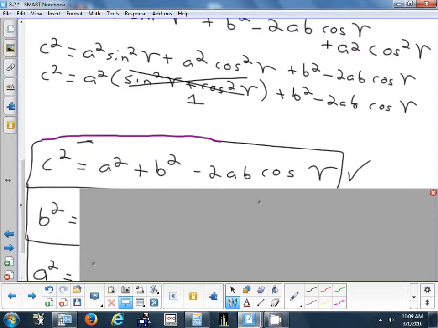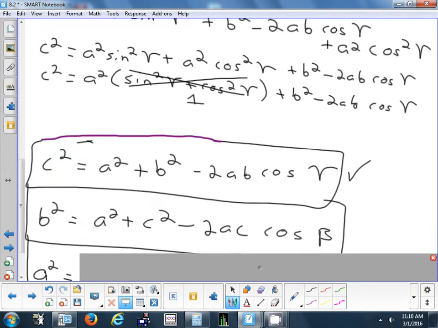That's different. It's going to follow the same pattern, except it's going to be different letters. Adam? It'd be a squared plus c squared minus 2ac cosine gamma. Everything's right except gamma. Gamma has to change. It would be beta. Yeah.